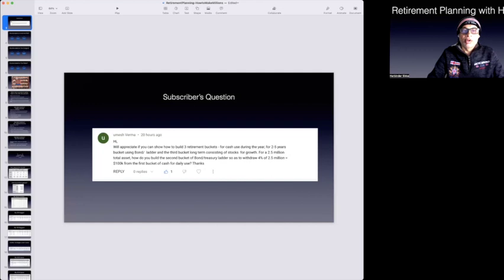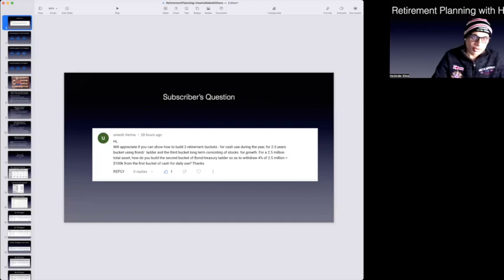Thanks. It's a very good question, and I do have a video on what we mean by a multiple bucket strategy, where I explain different kinds of buckets. Since we don't know the origin of this total portfolio, whether it's in retirement, a non-taxable account, a tax-free account, or a tax-deferred account.